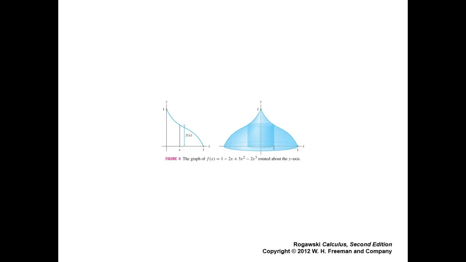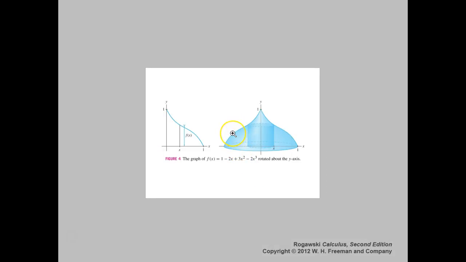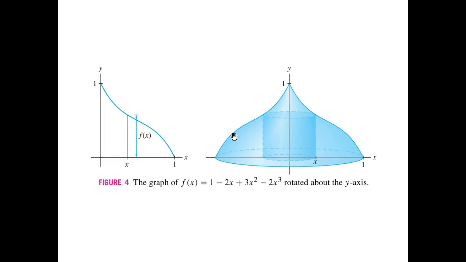Find the volume V of the solid obtained by rotating the region under the graph. F of x is equal to, there it is. Blow it up so it's easier for you to read, but we're going to be shrinking it back down as soon as we start writing. So f of x equals 1 minus 2x plus 3x squared minus 2x cubed, rotating the region under the graph of that over 0 to 1 about the y-axis.